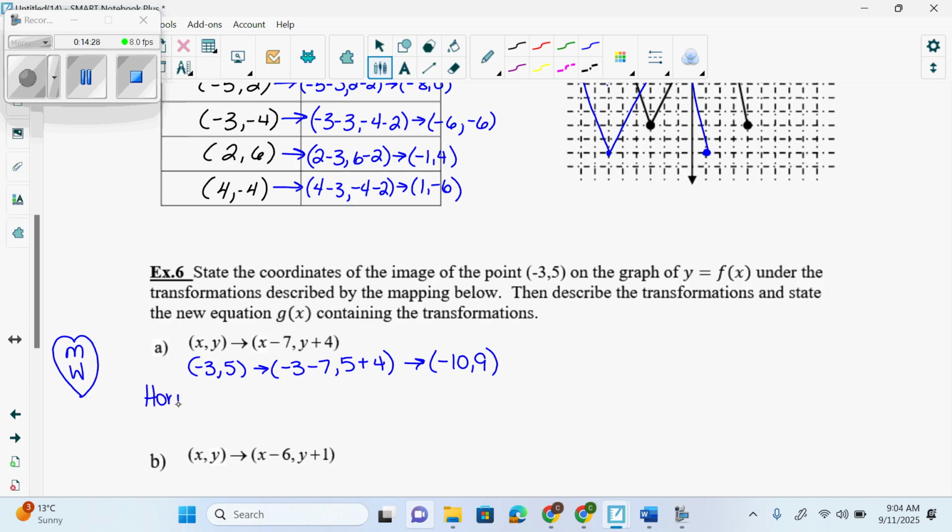So it's a horizontal translation, seven units left. And then if I add 4, it's a vertical translation, four units up.